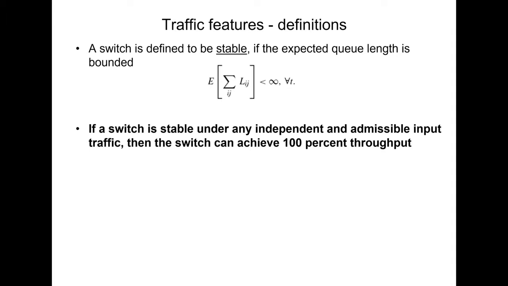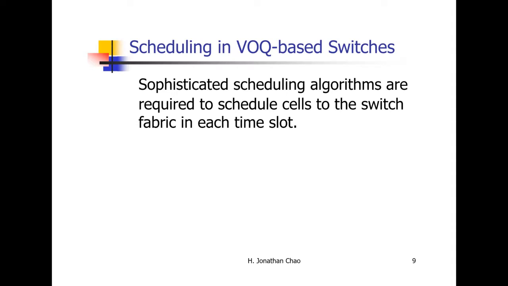Otherwise, at least some queues start to fill up, and then you start having losses for overflow. So it can be proved that if a switch is stable and under independent and admissible input traffic, the switch can achieve 100% throughput.